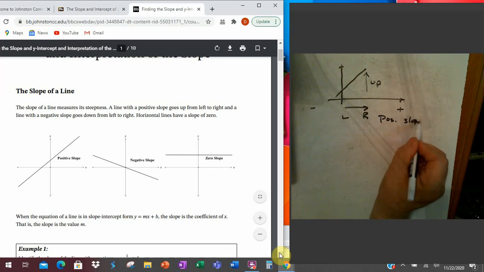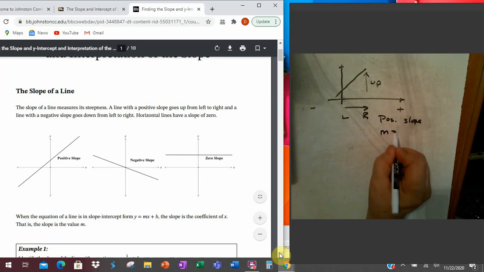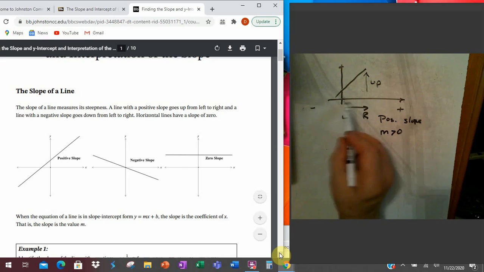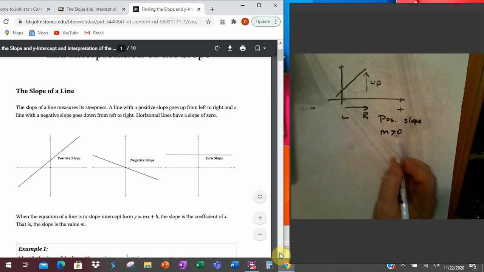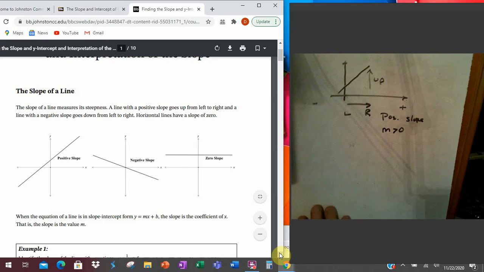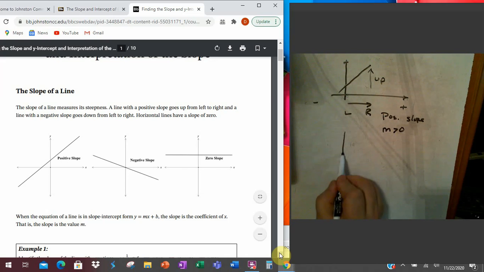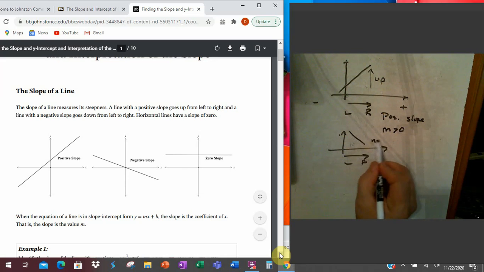Positive slope means that m is greater than 0. The numbers greater than 0 are the positive numbers, less than 0 are the negative numbers. If I go left to right and I go down, this is a negative slope.